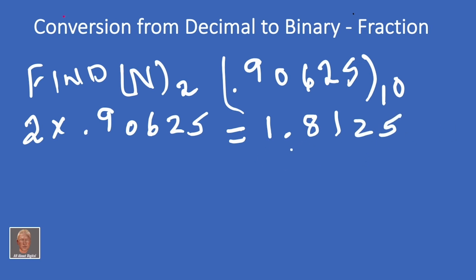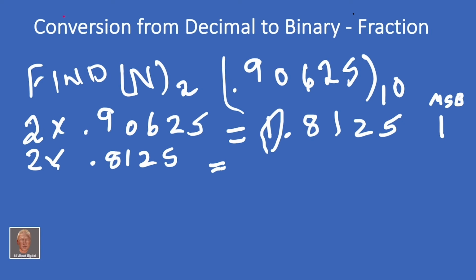So we have a 1 right here. So our MSB is a 1. This is our MSB. Okay, let's take what's left over. We ignore the 1 now. Let's just take the fractional portion, 0.8125. Multiply that by 2. That equals 1.625.